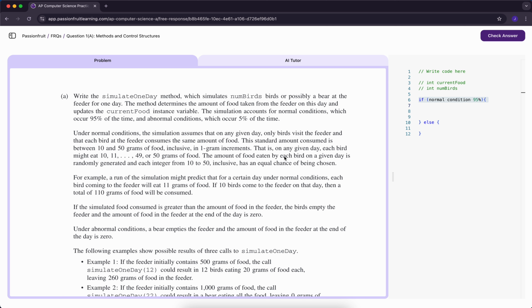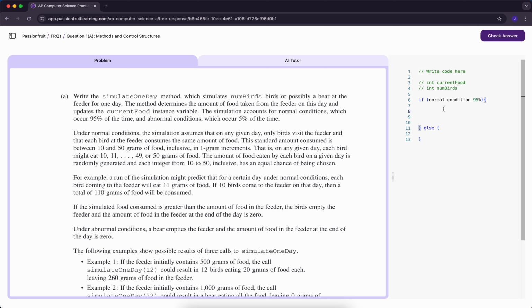The amount of food eaten by each bird on any given day is randomly generated, and each integer from 10 through 50 inclusive has an equal chance of being chosen. Awesome. So now we know that we need to generate a random number between 10 through 50 that represents how much food each bird eats, and we'll probably have to multiply this by the number of birds to figure out how much total food is being eaten.